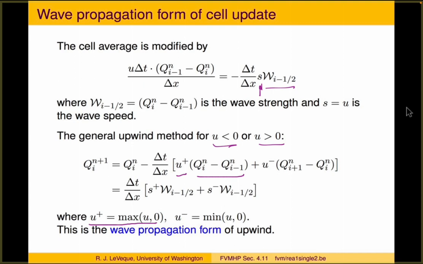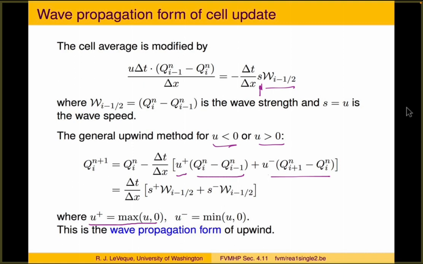So if u is positive, then this is u times the jump in q, just the standard Upwind method for u positive. If u is negative, on the other hand, this term drops out, and instead you have this term come into play, u minus, which is u if u is negative, and 0 if it's positive. You would get, in the case where u is negative, u times the jump qi plus 1 minus qi.